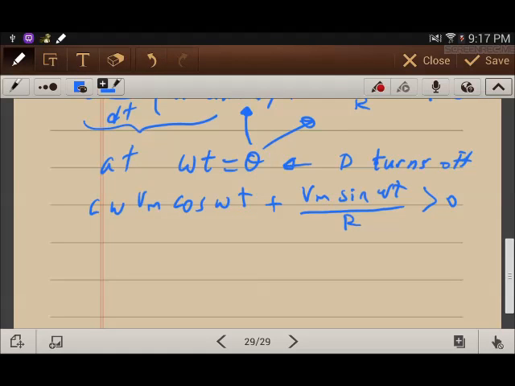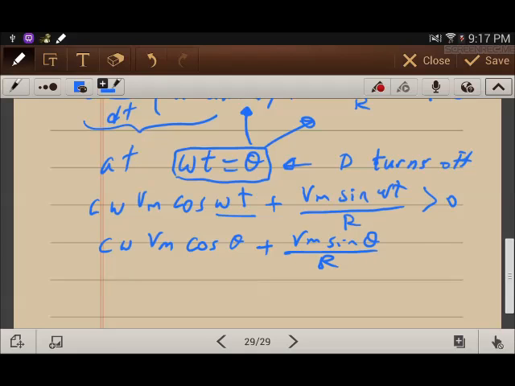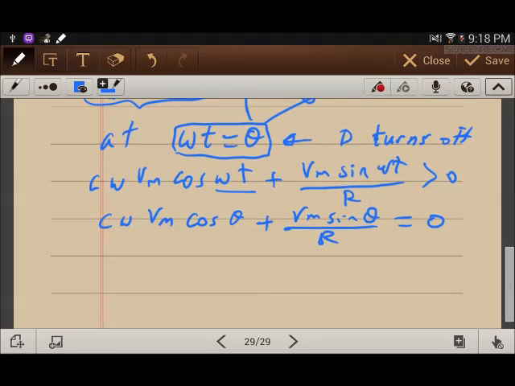So at omega t equal to theta, the current will be equal to 0. So C omega V maximum cosine theta plus V maximum sine theta over R is equal to 0. So at theta the current will be equal to 0, so the diode will turn off.